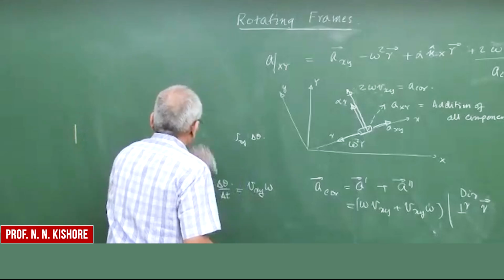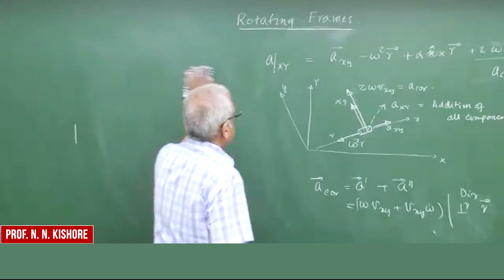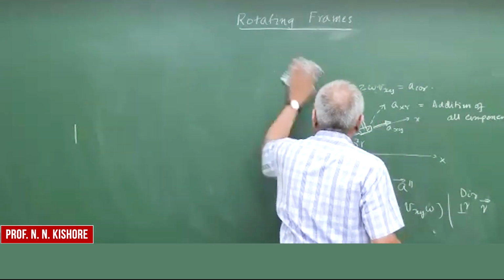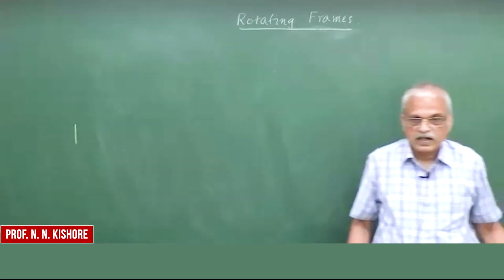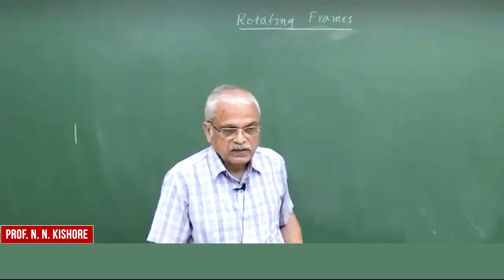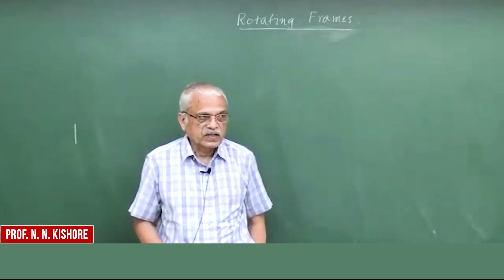So once you understand this, it means that whenever you have an observation made in the rotating frame, and you want to take the derivative of that, one correction comes. As far as the acceleration is concerned, it is a second derivative of the observations made, and you will end up with the Coriolis component.